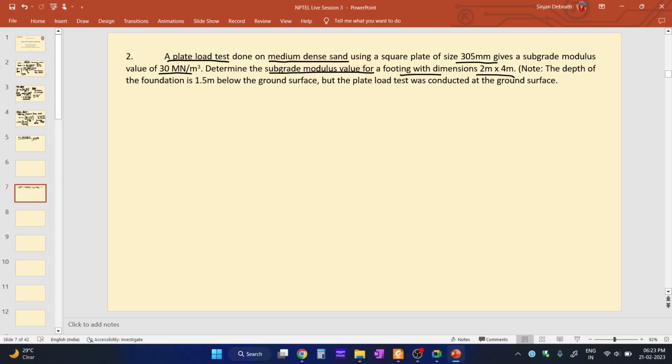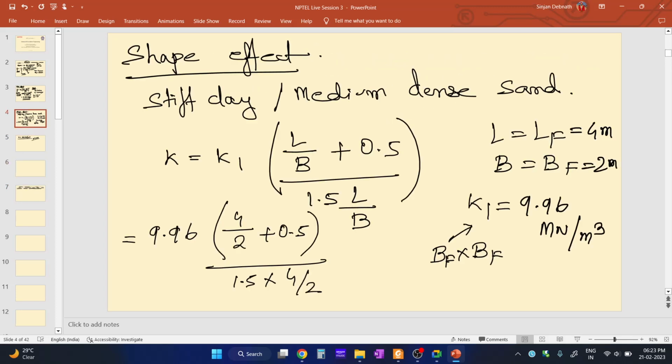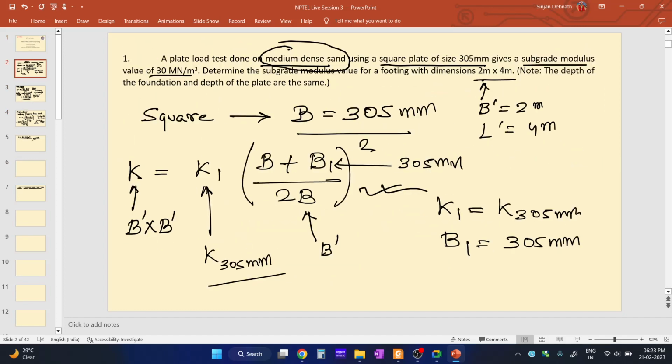Here it is mentioned the depth of the foundation is 1.5 meter below the ground surface, but the plate load test was conducted at the ground surface. In the last question that was solved, the depth of the foundation and the depth of the plate were the same.